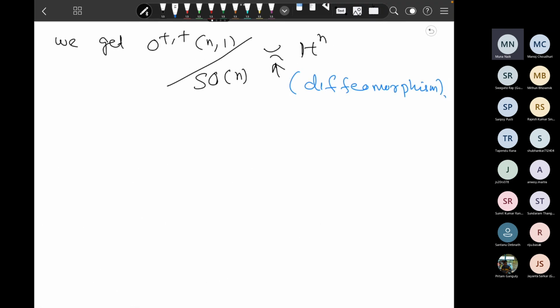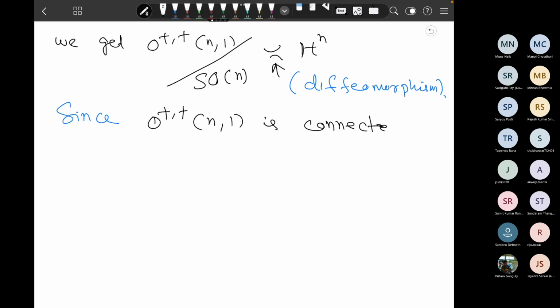So since O^{++}(n,1) is connected, this implies this H^n is connected.